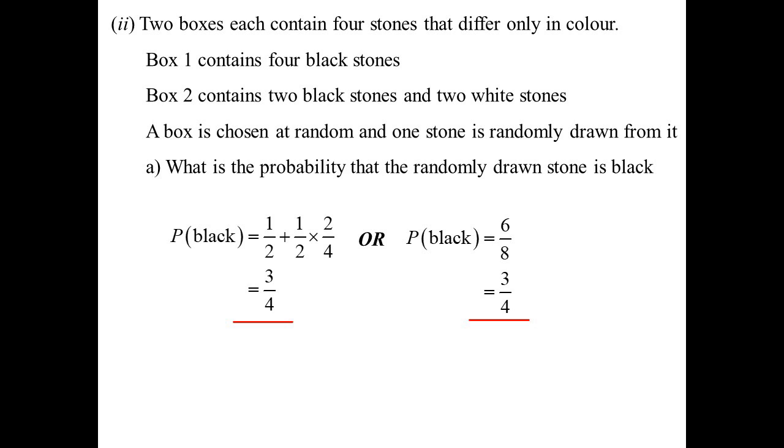But now, it's not known from which box the stone has been drawn. Given that the stone drawn is black, so we've drawn it out and I'm just showing you, hey, look, I've got a black stone. You have no idea which box I pulled it out of though. What's the probability that I took it from box 1? So now we're saying, what's the probability of me taking it from box 1 if we know it's a black stone?